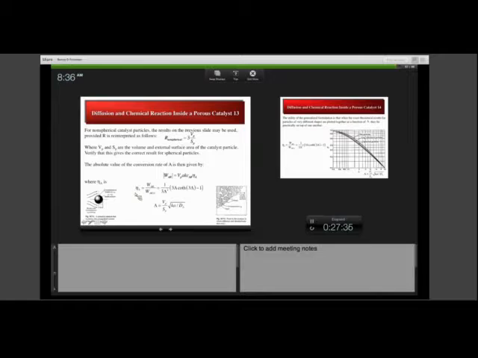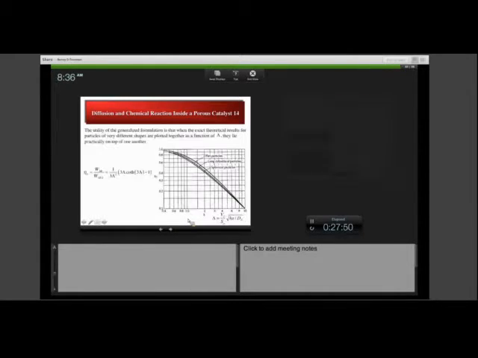The absolute value of the conversion of A can be given by the volume of the particles times the reaction rate that would occur if all of the particle catalyst was exposed to the concentration CAR, the external concentration of A, times the effectiveness factor.